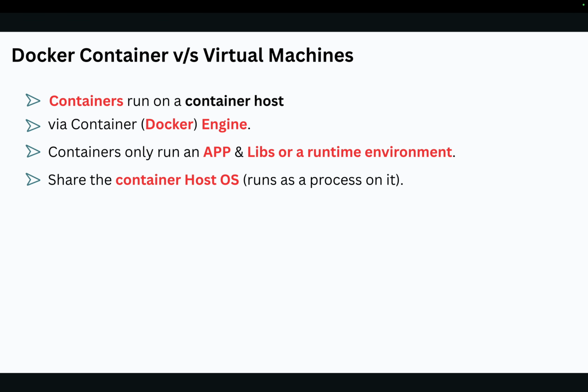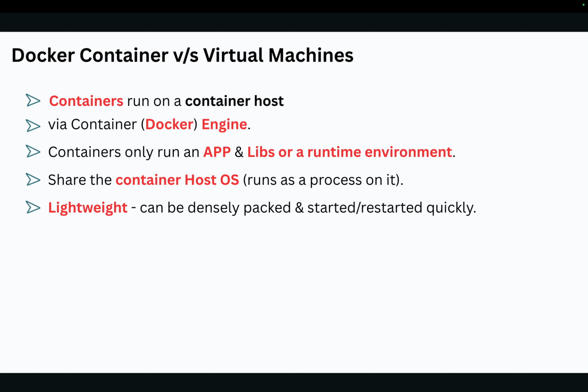They don't contain any operating system because they share the operating system running on the container host. Each container runs as a process within the host operating system. This means containers are super lightweight and can be densely packed onto a host or started or restarted quickly. Not having to start or restart an entire operating system for each container is a substantial amount of overhead which is removed.